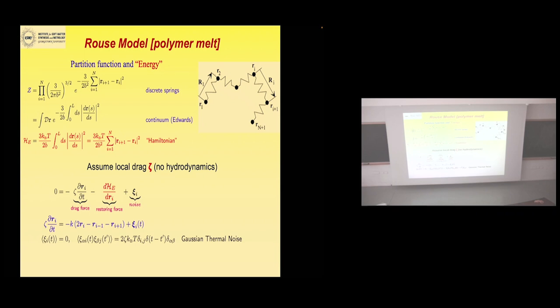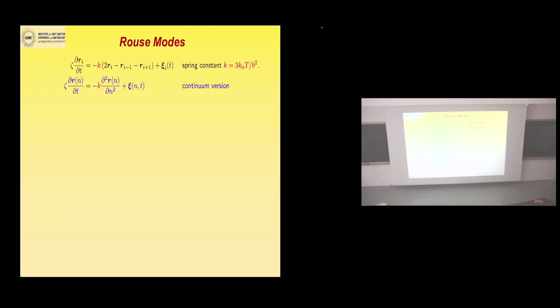When I put that energy function in, I get a very simple equation, which just couples each spring to what's happening on the springs on the outside. That's a very simple equation, which Rouse wrote down. So there it is again. It has a spring constant, which is set by my thermal energy. This actually turns out to be a discrete version of a second derivative.